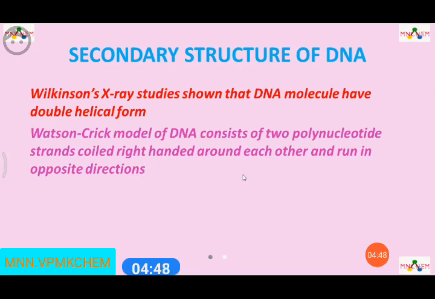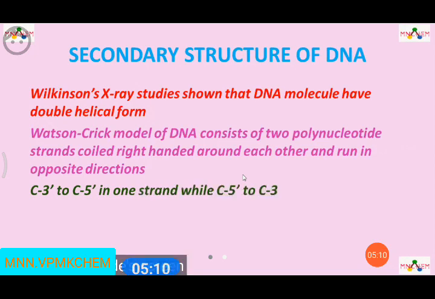I am repeating. The Watson and Crick model suggests that the DNA consists of two polynucleotide strands which are coiled in a right-handed manner around each other, and they run in opposite directions. The C3' to C5' in one strand, while C5' to C3' in the other strand.